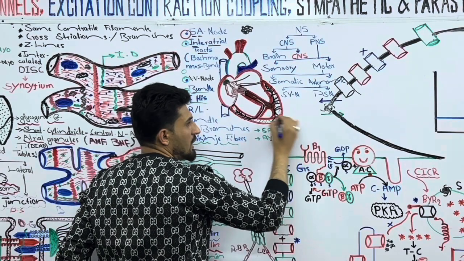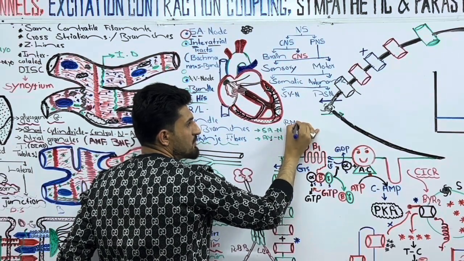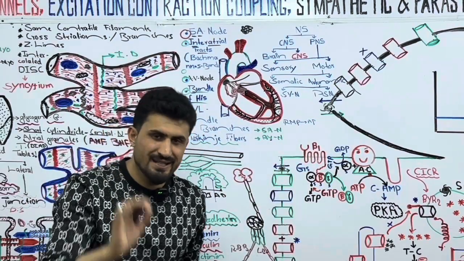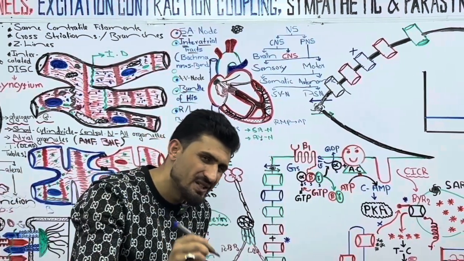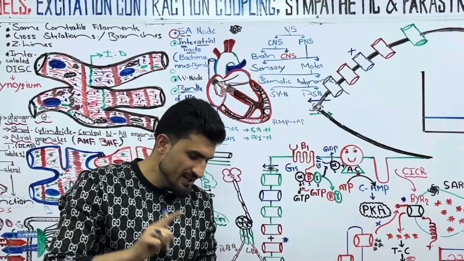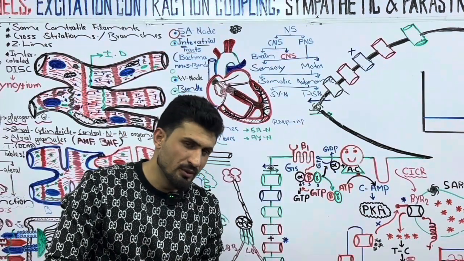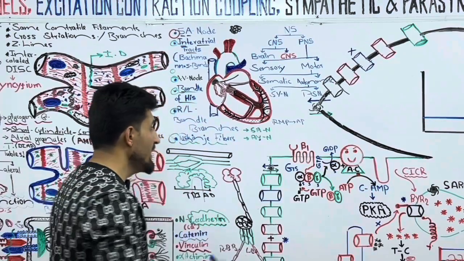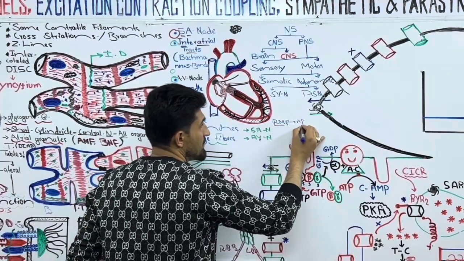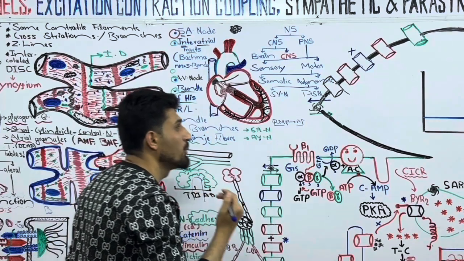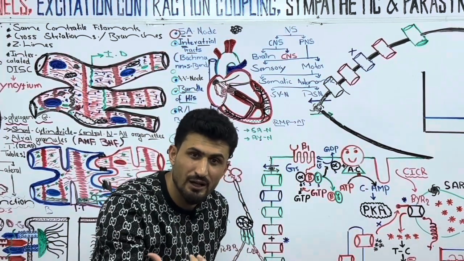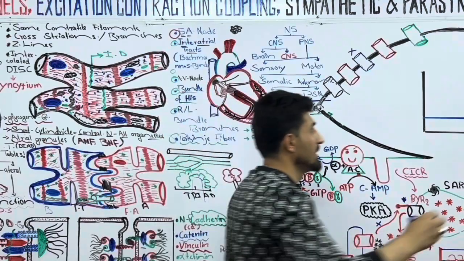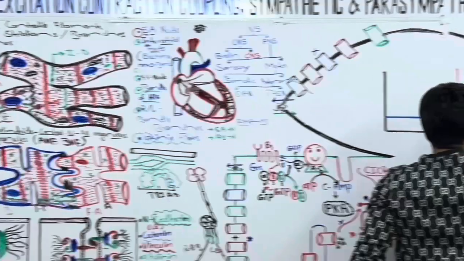When a cell goes from resting membrane potential to action potential spontaneously, without external stimulation, without being stimulated by hormones, by the nervous system, by a drug, by anything, when a cell goes from resting membrane potential to action potential automatically, this phenomenon of the cell is called automaticity.